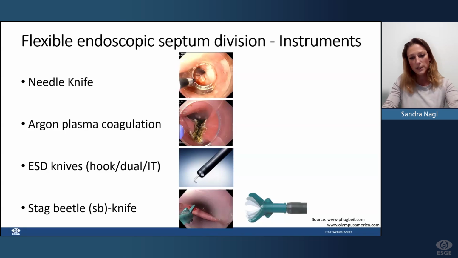But these are predominantly retrospective and single-center studies, and the variations in the instruments, as well as inconsistency about the use of an overtube, cap, or nasogastric tube, make comparisons between the different techniques and instruments difficult.